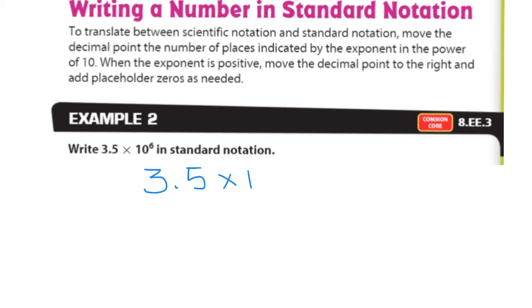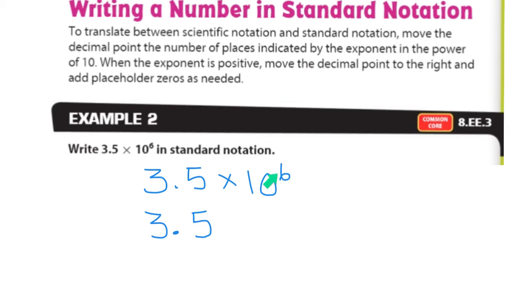So I'm going to write this down a little bit larger so I have some space to work. 3.5 times 10 to the 6th. Now I notice that I have a positive exponent. So if I have a positive exponent, this number is not going to get smaller, it's going to get larger. So a positive exponent tells you the number is going to get larger. So here I have my 3.5. I'm going to move my decimal point.